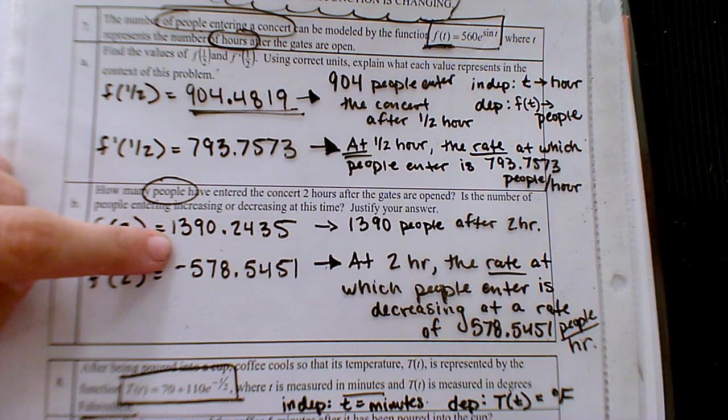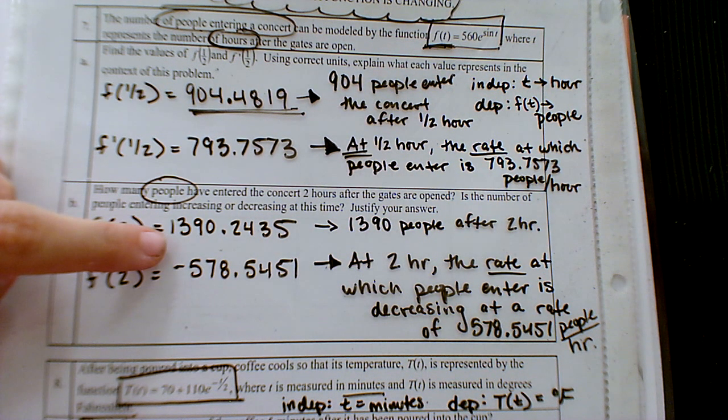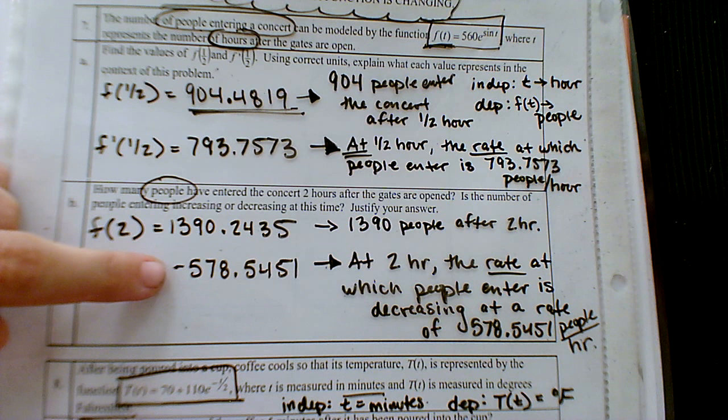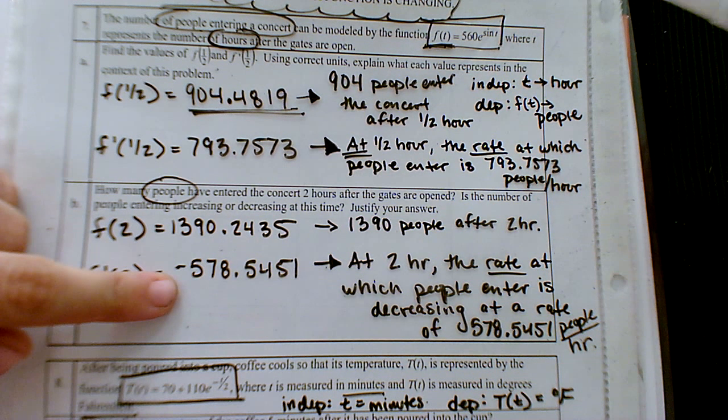What's confusing me was whenever I graphed it, the max value was higher at 1.5 than it was at 2. So that means that there's less people at 2 hours than there was at 1.5 hours. So wouldn't that mean that people have left? Is that because you're thinking it's negative?